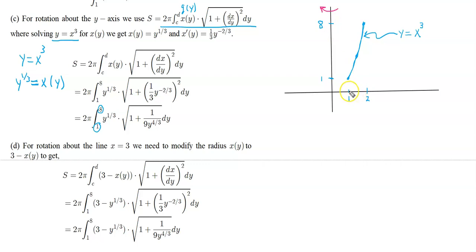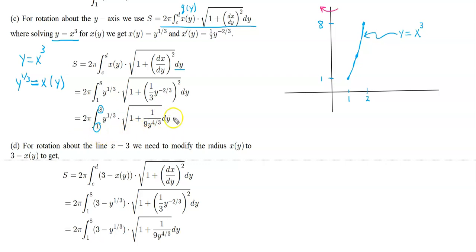So if x varies from 1 to 2, then y varies from 1 to 8. And we need that because you see we're integrating with respect to y, so we think of y as varying from 1 to 8. And then 1/3 y to the -2/3 squared, that just simplifies as 1 over 9 times y to the 4/3 power. And this is the integral that we would have to evaluate to find the surface area.